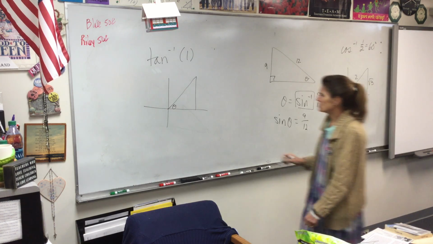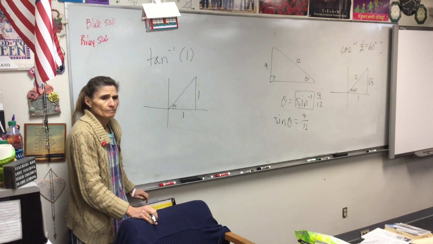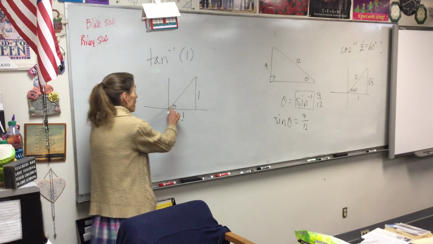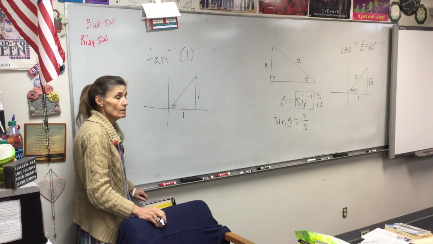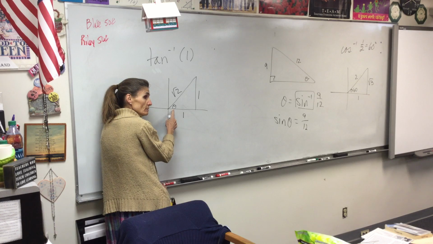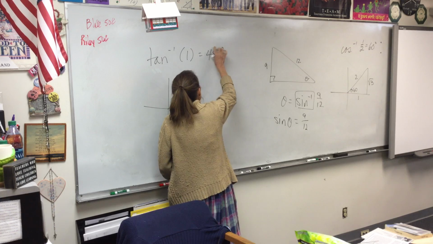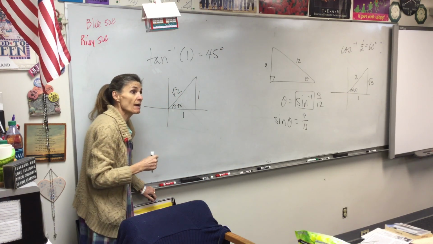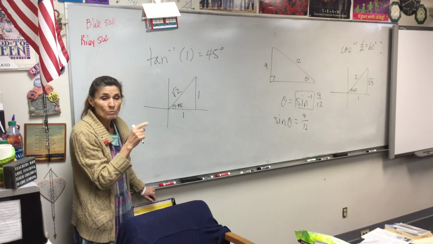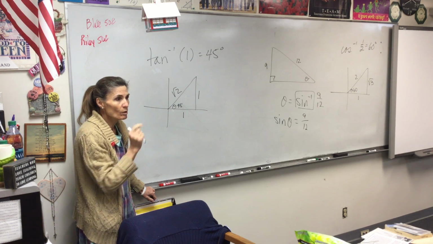So opposite over adjacent, I'd have a 1 and a 1 here. Tangent, opposite over adjacent. So what's that going to be? Do you recognize that triangle? This angle is 45 degrees, so the answer is 45. Now, kids, if you're going to do this without a calculator, the triangle you draw has to be 1, 1, root 2, or 1, 2, root 3, right? It has to be. Those are the only ones we have memorized.